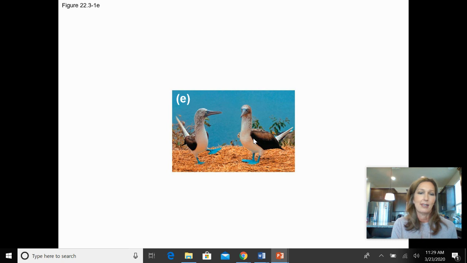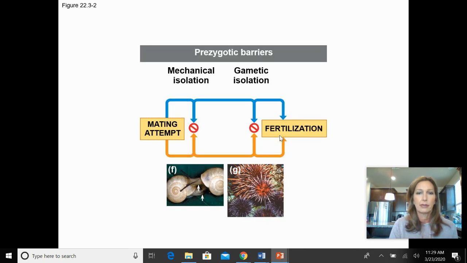I do not do that dance, and I don't respect that dance, and you're kind of a weirdo. So behaviors, whether it's a song, a dance, or some other type of behavior, sometimes that is enough to dissuade one set of a population from mating with the other set. So in all three of those, habitat, temporal, and behavioral isolation, all three actually just stop the mating event and give us some type of reproductive isolation.